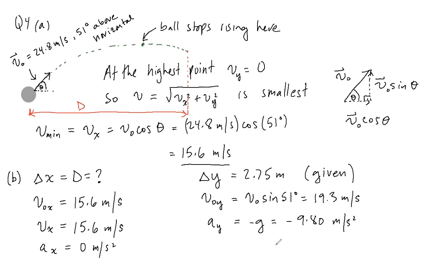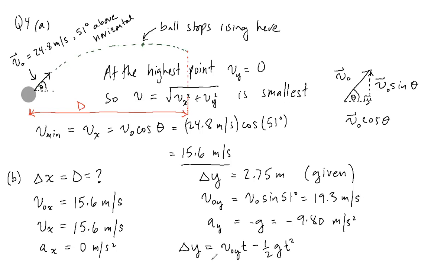Okay, so the y motion is accelerated, and so we can use this equation that we have seen. Delta y is v initial y times the time minus 1/2 gt squared. This is just like the one that has v initial t plus 1/2 at squared, but I plugged in minus g for the y acceleration.